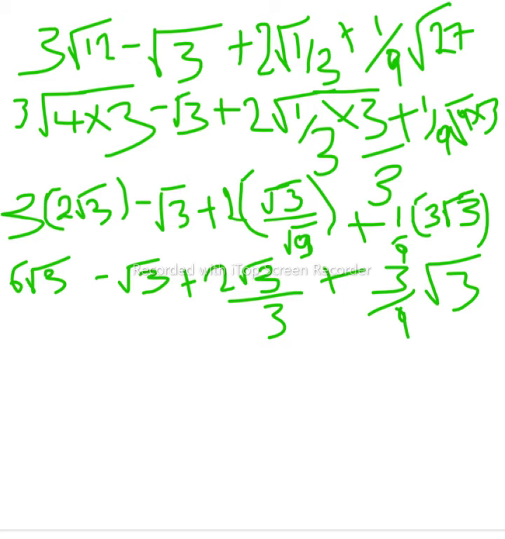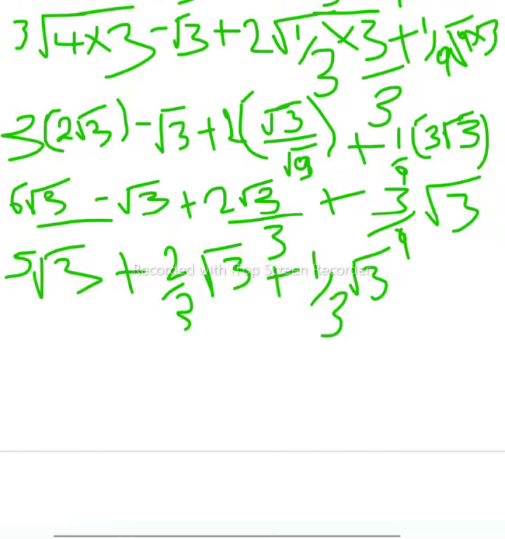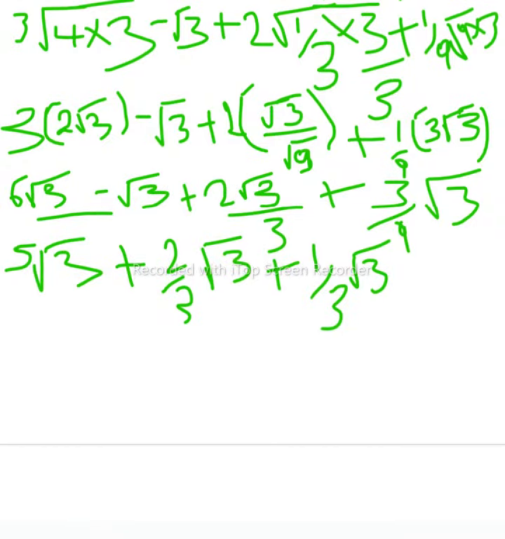When we subtract 1 from 6, we have 5 square root of 3, plus 2 over 3 square root of 3, plus 3 over 9, which means 1 over 3, root 3. Now we can simplify all this.